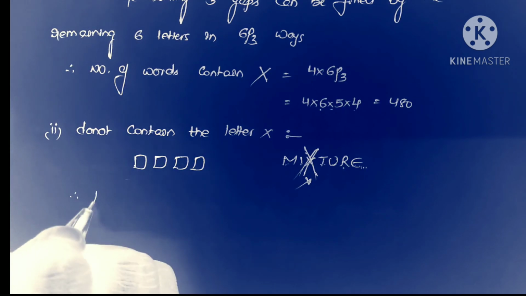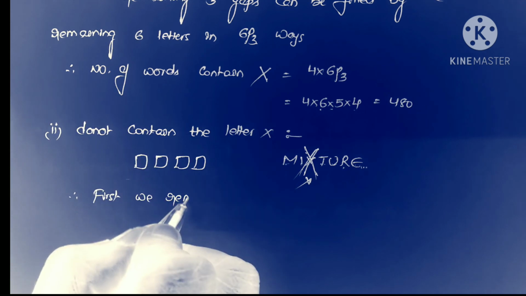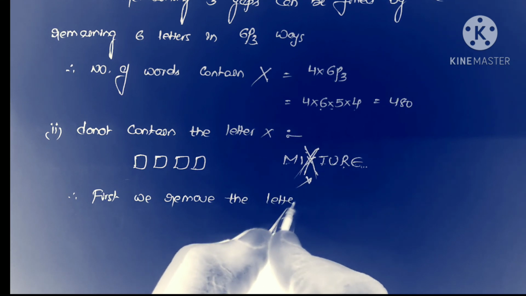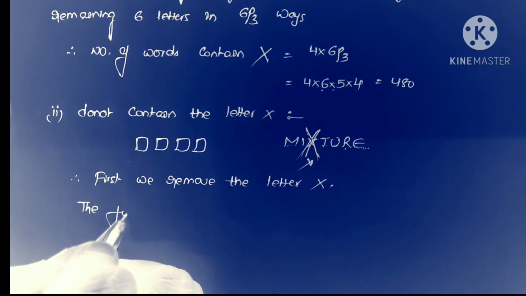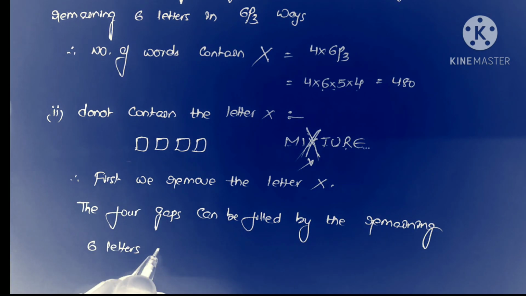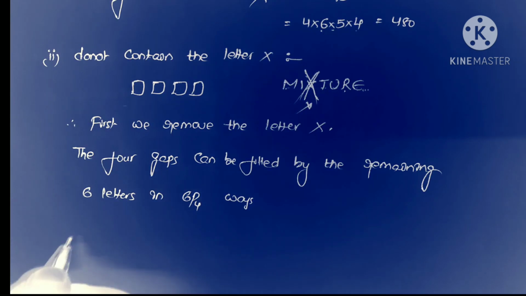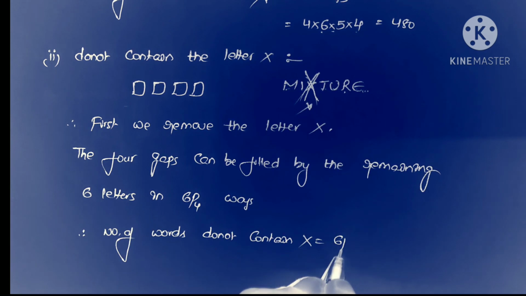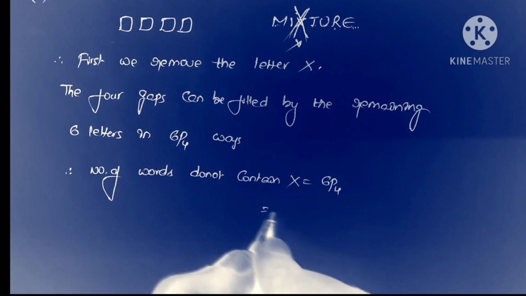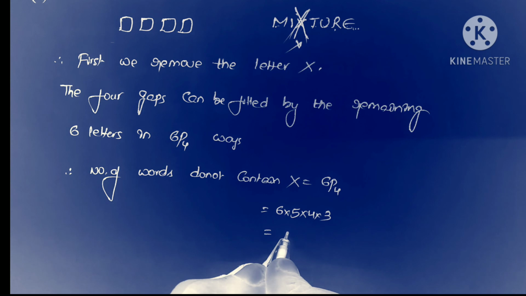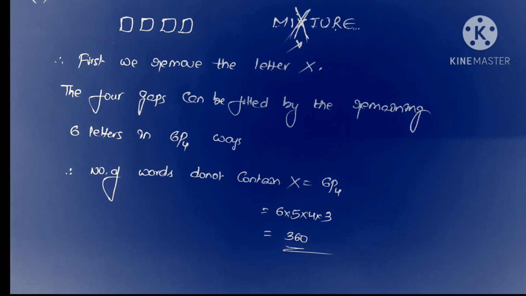Therefore, the number of words that don't contain the letter X is equal to 6P4, that is 6 into 5 into 4 into 3, which is equal to 360. That's all. This is the answer.